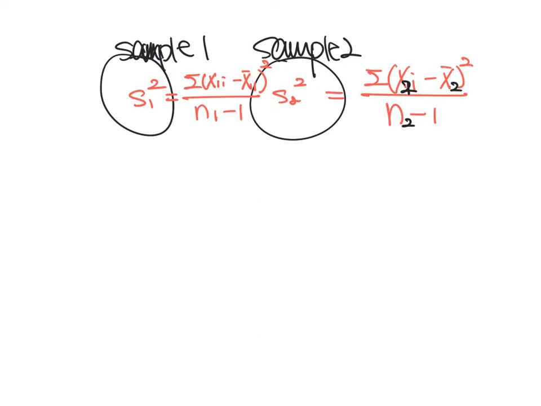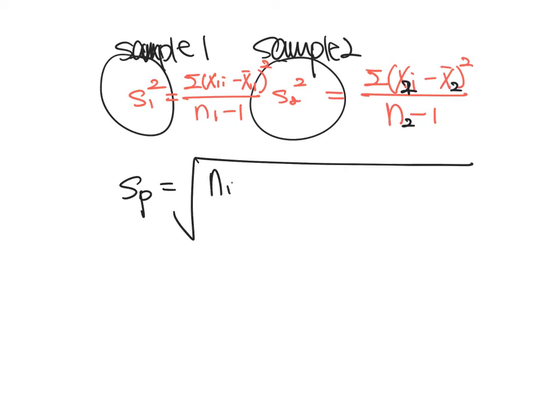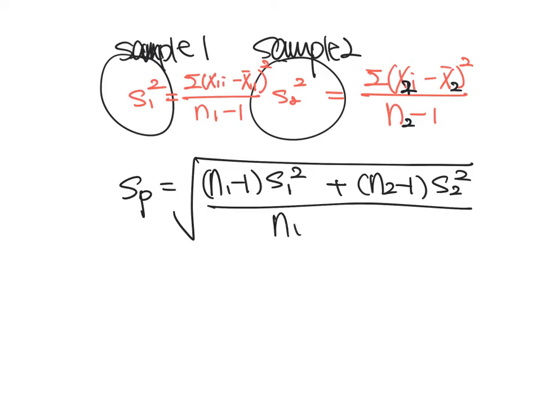Let me compare to the pooled standard deviation. The pooled standard deviation, which was the square root of n1 minus 1 S1 square plus n2 minus 1 S2 square over n1 plus n2 minus 2. Can you remember the SP? It's the pooled standard deviation. So now let me erase the square root sign.